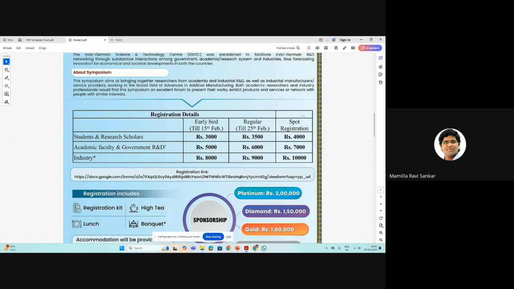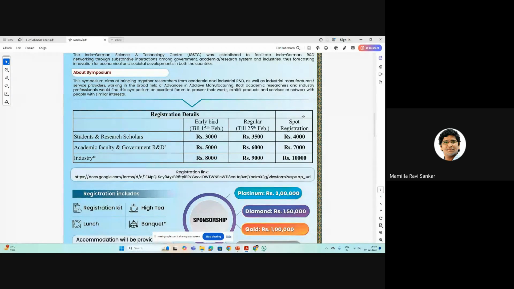At the time, we were thinking that sponsors would be very few, but now we have got some sponsors, so for students and research scholars we are charging only half. Academic faculty who ask, we are reducing by 1000 or 1500.